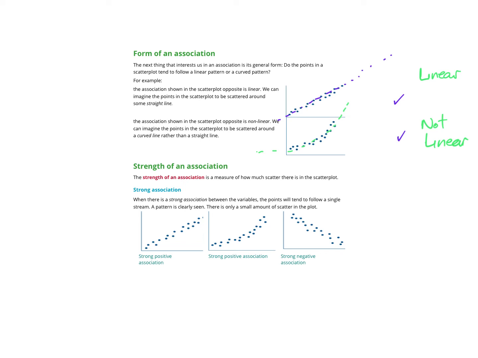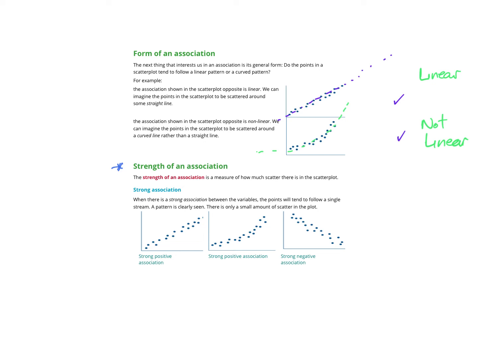And the third thing that we talk about when describing an association is the strength. So we've talked about direction and form, and now we're talking about strength. So what we're really looking at here is how closely bonded the dots are, or are they spread out, or almost closely lying in a straight line.